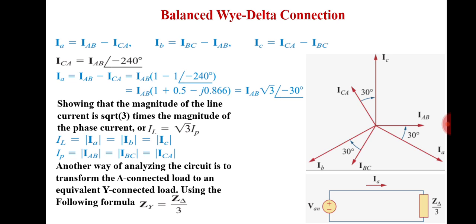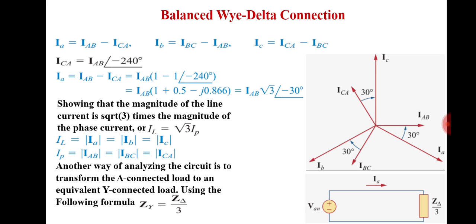Now IA is equal to IAB minus ICA. Now IC, take it in the form of IAB: ICA is equal to IAB with angle minus 240 degree.